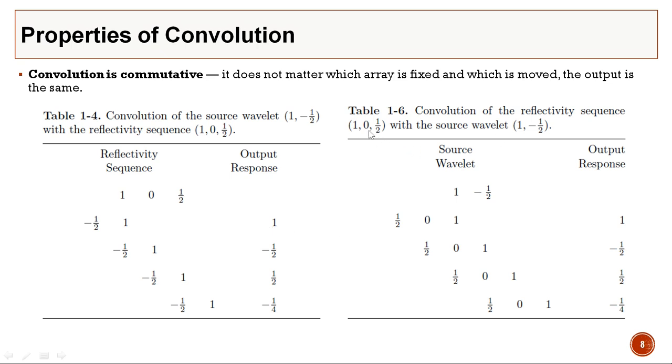And if you convolve 1, 0, 1 by 2 with the source wavelet 1, -1 by 2, your convolved output is this. So basically they are both the same. So it doesn't matter if you convolve trace A with trace B or trace B with trace A, you will get the same output.